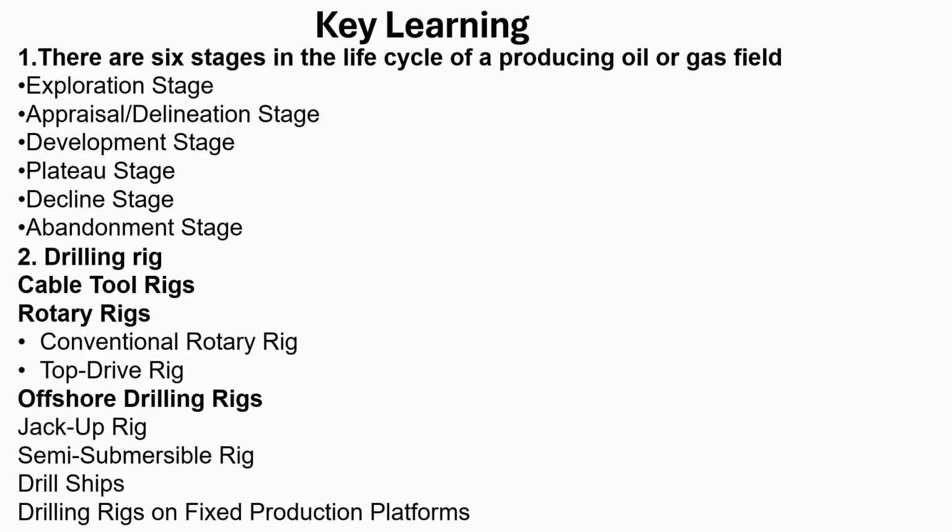Second, the slide reviews drilling rig categories, including cable tool rigs, rotary rigs, top drive rigs, jackups, semi-submersibles, drillships, and fixed production platforms. These are core concepts that help students understand when and where different drilling systems are used.